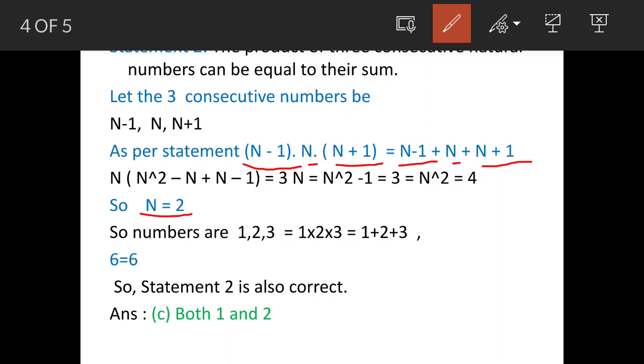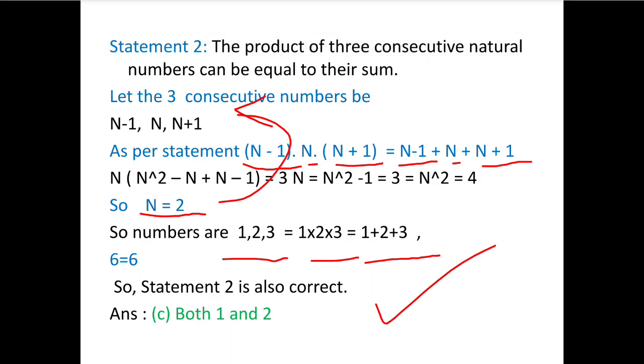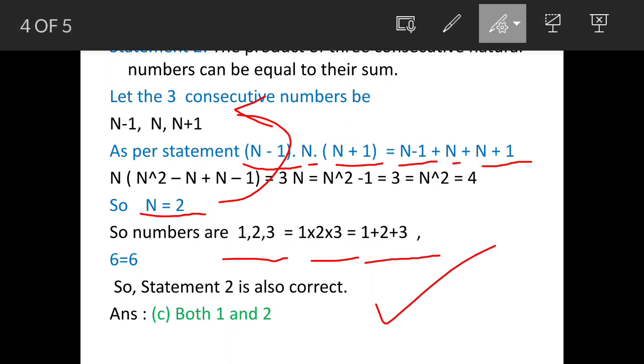If we simplify this, you'll get n is equal to 2. Now put the value of n in these expressions. So we get the numbers as 1, 2, 3. You cross check: 1 into 2 into 3 is equal to 6, and 1 plus 2 plus 3 is equal to 6. So statement 2 is also correct. Hope it is clear.